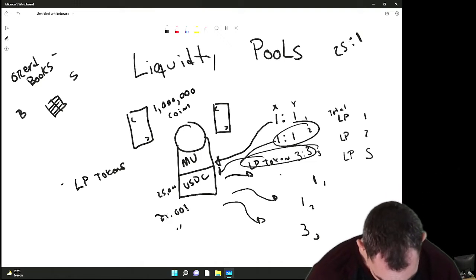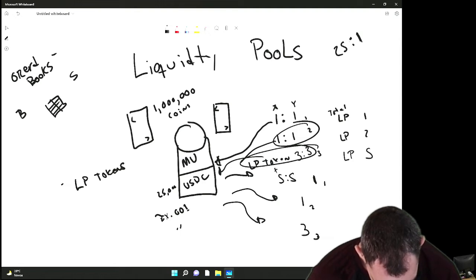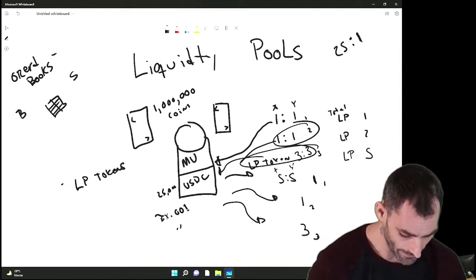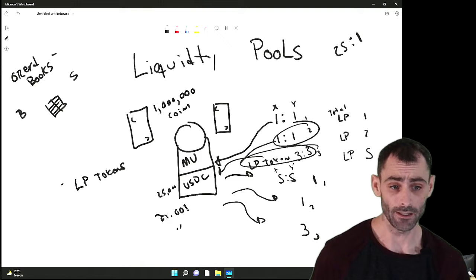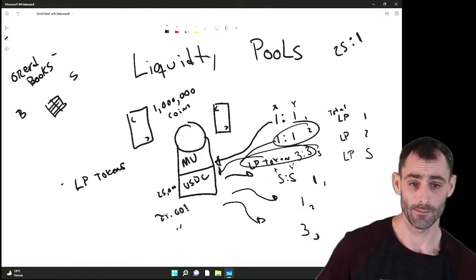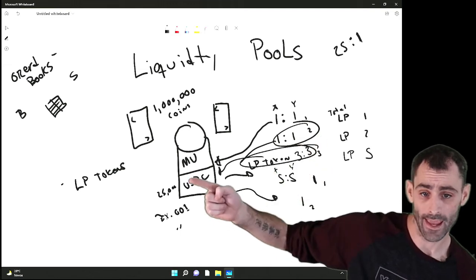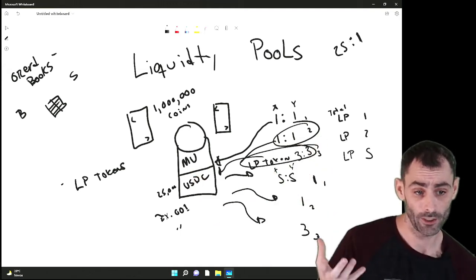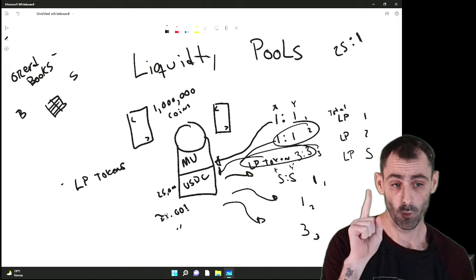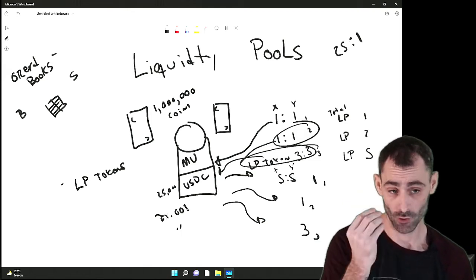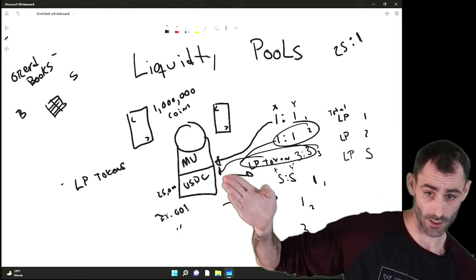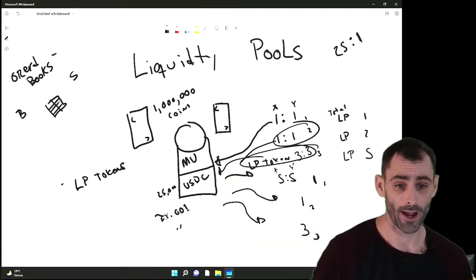essentially 3, 4, 5. There's 5x and there's 5y inside the liquidity pool, and there's 3 different people who have provided liquidity. Person number 1 provided 1x and 1y token, gave them to the liquidity pool. In return, the pool has given them 1 liquidity pool token to represent their portion of the liquidity that they've provided to the pool.